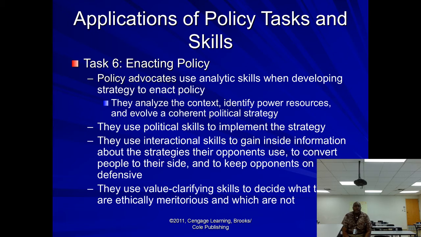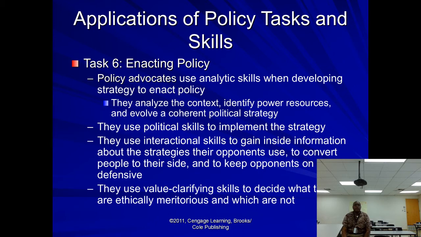They use interactional skills to gain inside information about the strategies that their opponents use to convert people to their side and to keep opponents on the defensive. They use value clarifying skills to decide what tactics are ethically meritorious and which are not.